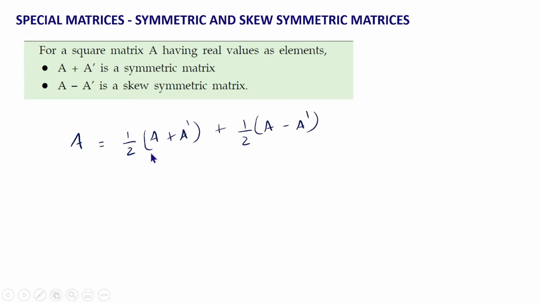If we simplify this, we will get A. Half A transpose minus half A transpose will go, half A plus half A will be A. So this matrix A can be represented as a sum of a symmetric and a skew symmetric matrix, because this is symmetric and this is skew symmetric. So any square matrix can be represented as a sum of symmetric and skew symmetric matrices.